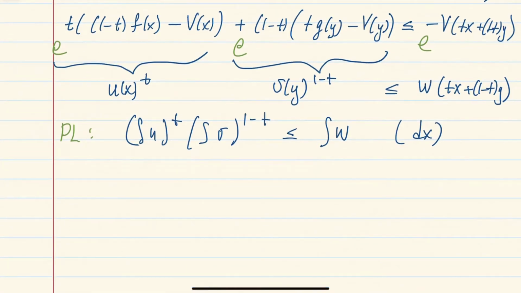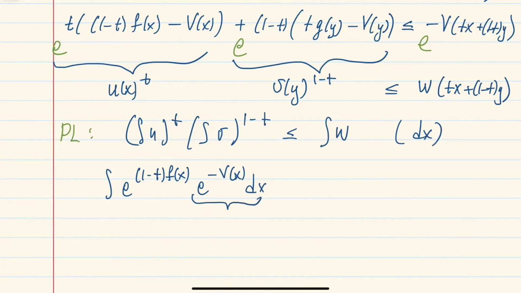But then, if you see, what are we integrating here? We are integrating e to the 1 minus t f of x, and then e to the minus v of x dx, right? This e to the minus v is exactly the density of the Gaussian measure, so this is just integral with respect to the Gaussian measure.